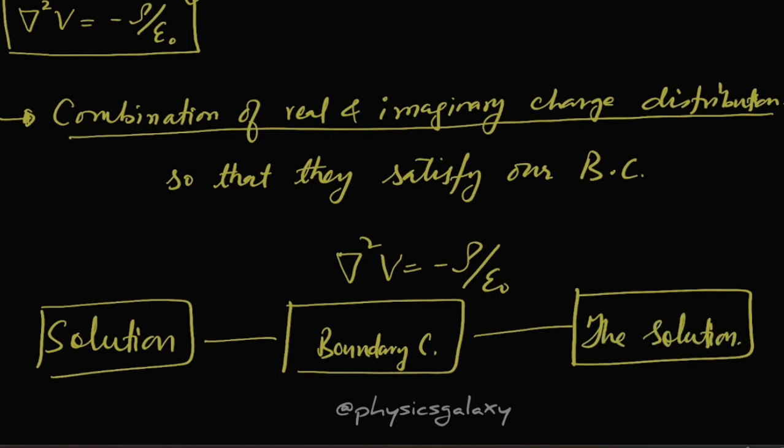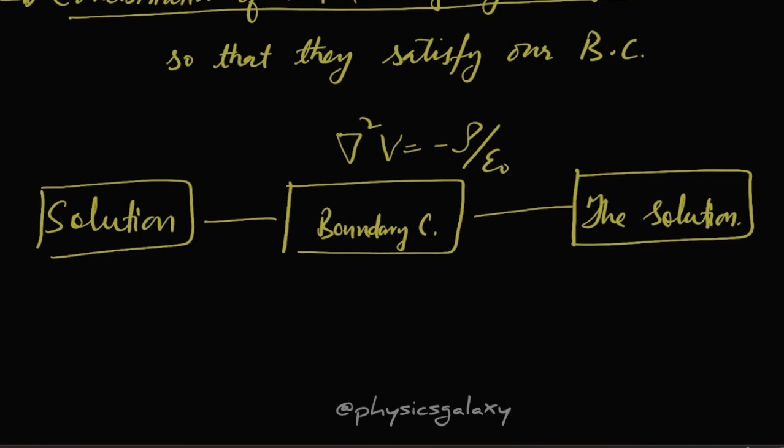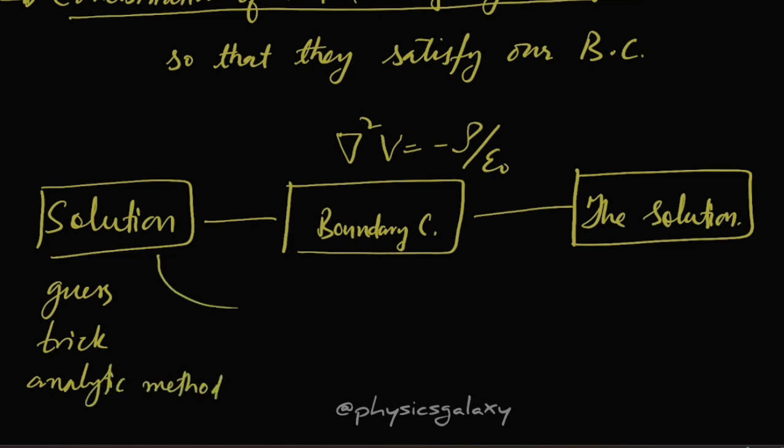You don't have to find a new solution. So if you find your solution by any method, whether you use some guess, some trick, or some analytical methods, it doesn't matter how you get that solution. If it satisfies your boundary condition, then that is the solution.